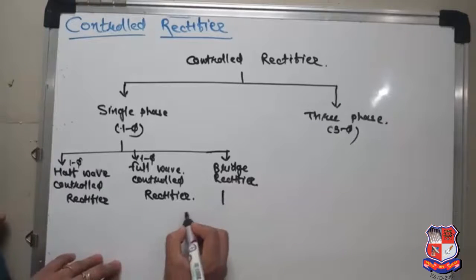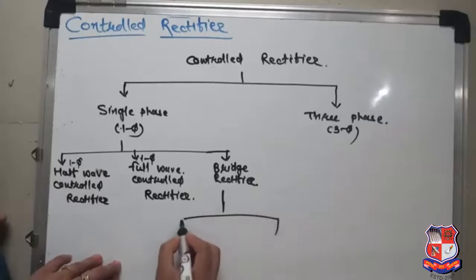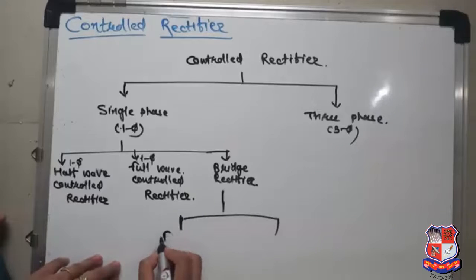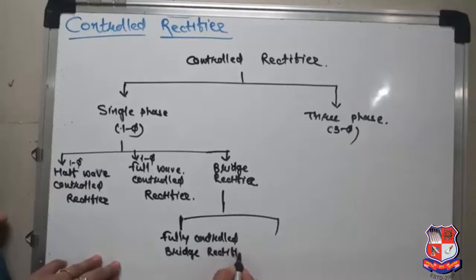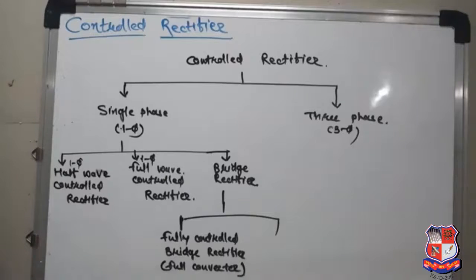Fully controlled, meaning a fully controlled bridge rectifier, or you can say full converter, in which we are using four thyristors to control the output voltage.